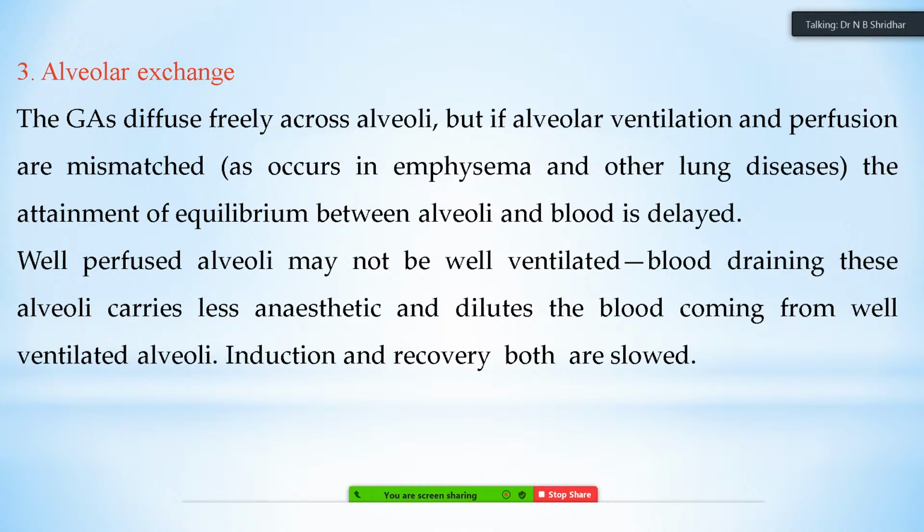If the alveoli are not well ventilated and their blood draining capacity is low, then less anesthetic will enter the blood and dilute the blood coming from well ventilated alveoli. So the induction and recovery in such cases are very slow.